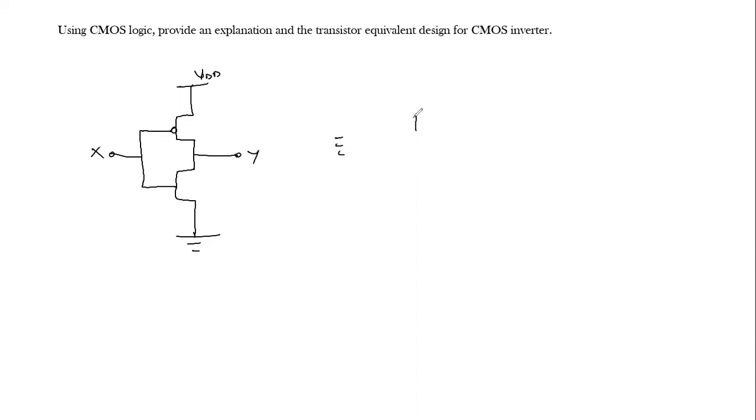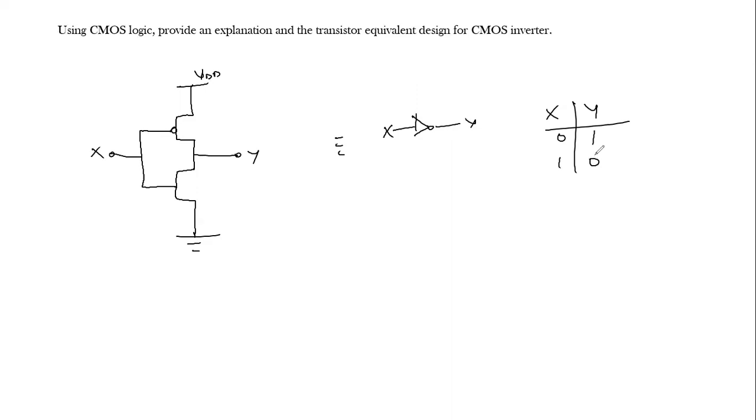So this is equivalent to a NOT gate, right? We'll have X and Y. And the truth table gives us something like this. If we have a 0, then we should expect a 1 for the output. If we have a 1 here, we should expect a 0.